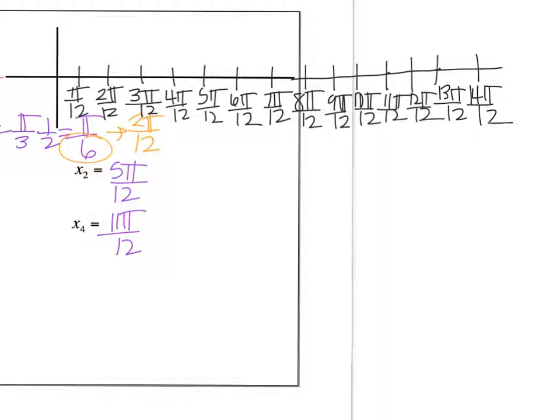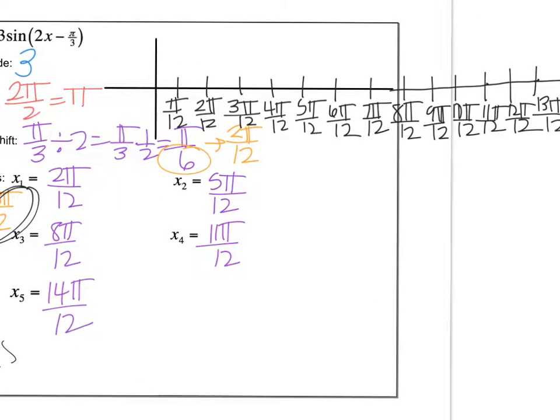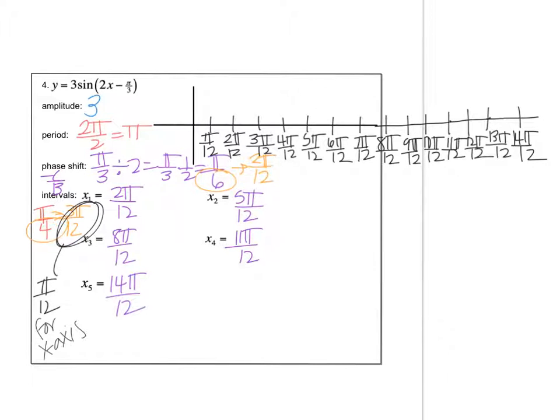They're not all perfectly even, but it's going to work. I forgot to do my y-axis here, but my y-axis is going to be up 3 and down 3. And then I can go ahead and start my graph.